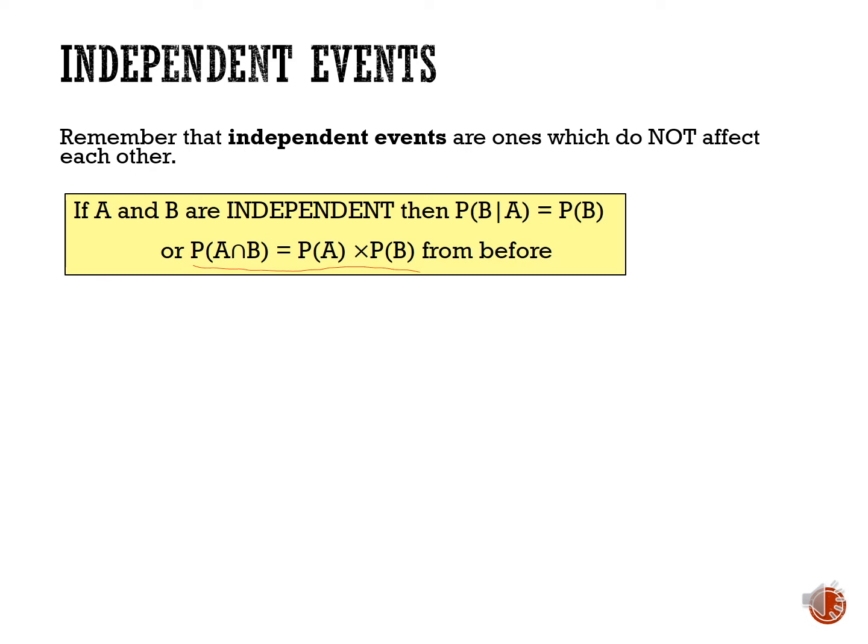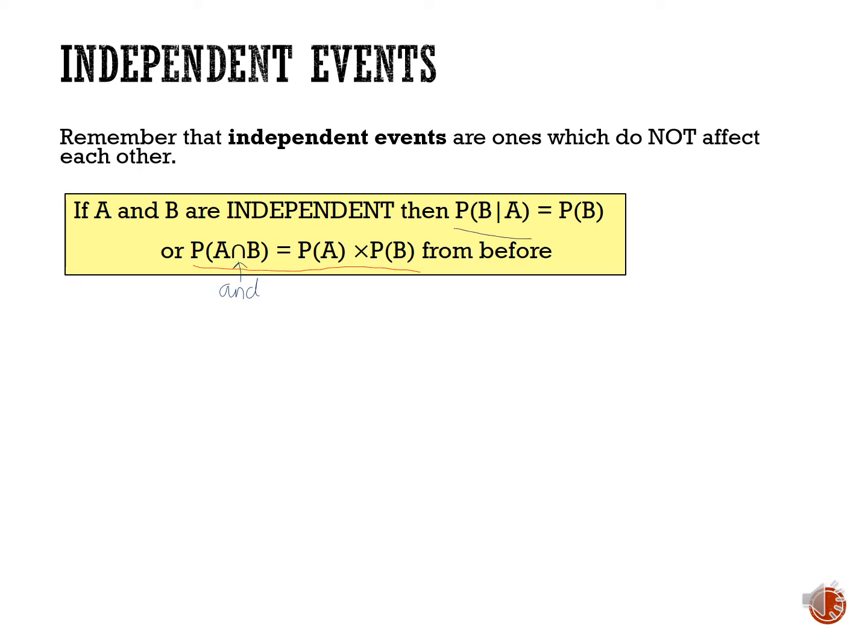When they're independent events, if you want to do the probability of A and B, you do the probability of A times the probability of B. So if you calculate those and they're the same, then that tells us that they are independent events.